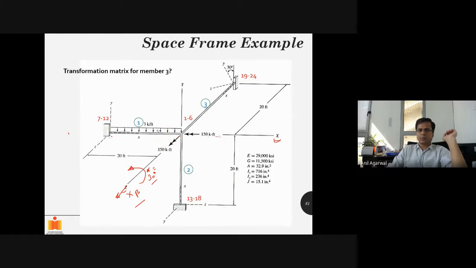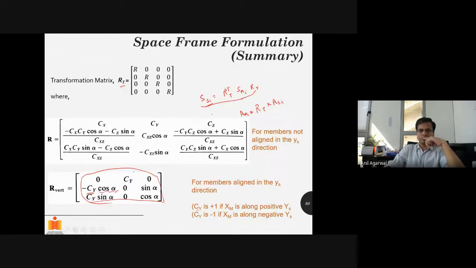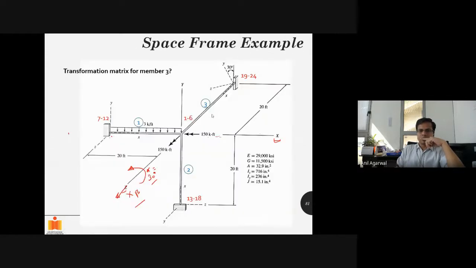So for member 3, what is the projection of this member length in the x direction? In other words, what is the difference? So let's say it has some coordinates, x_j, y_j, z_j. Okay, this is JK.